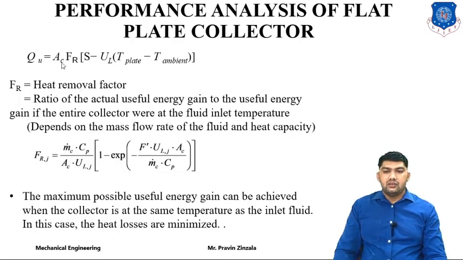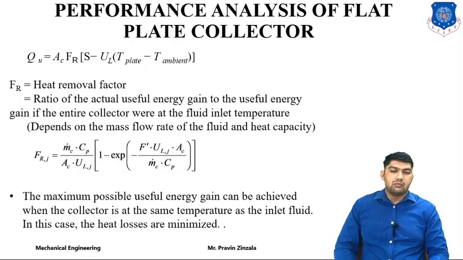Here we have multiplied by the heat removal factor for the maximum utilization of the collector. The heat removal factor is the ratio of the actual useful energy gain to the useful energy gain if the entire collector were at the fluid inlet temperature. It means we are trying to make the maximum possible use of energy gain by utilizing the solar collector.